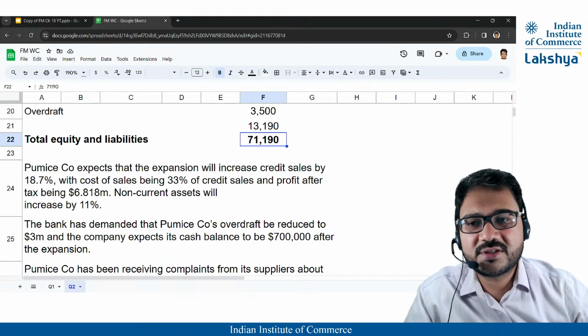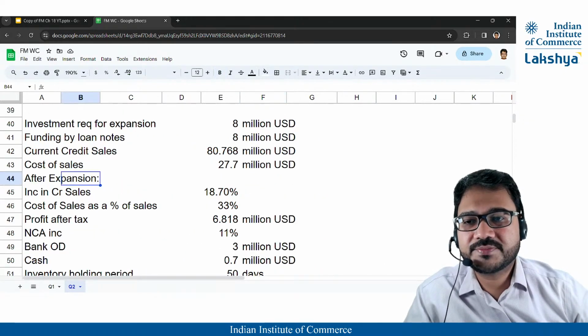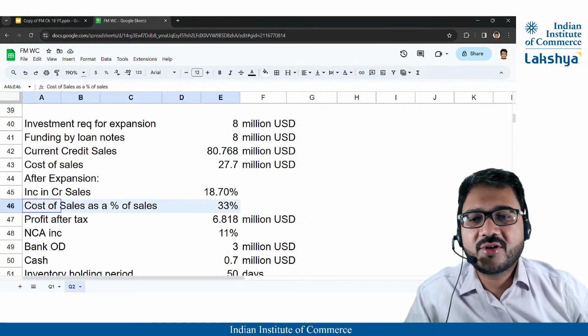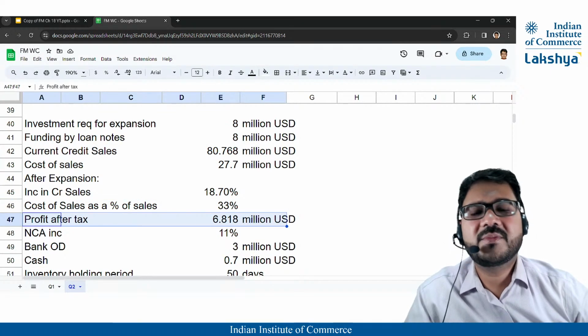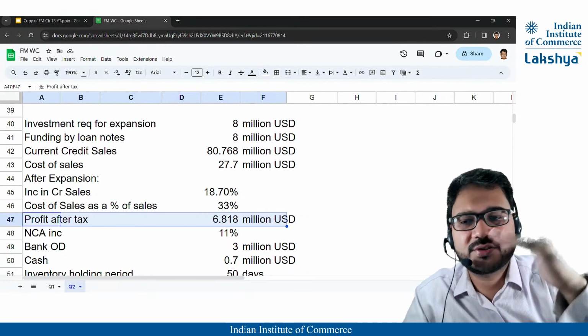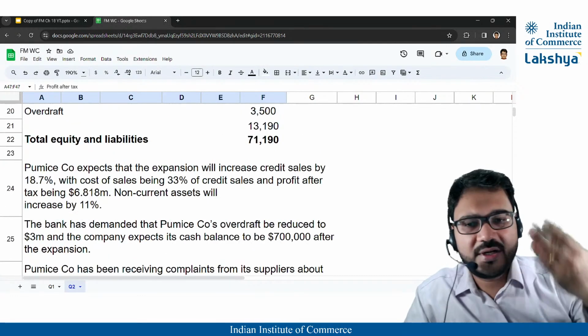So we can write all these things down. Okay, so we know that after expansion, increase in sales is 18.7. Cost of sales as a percentage is 33. Profit after tax is 6.81. It's easy to calculate it, but hold on, we are just reading the question. We are not getting into calculations. We are just writing the financial summary or reading the question rather.